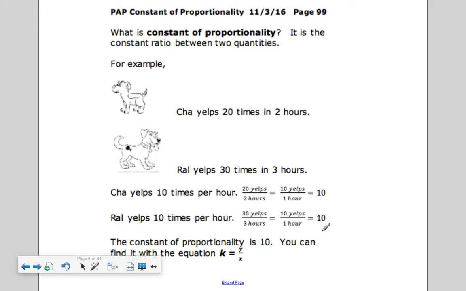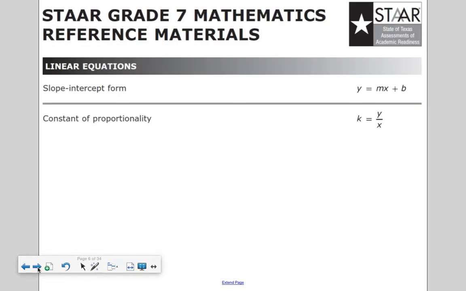That means I can multiply the number 10 by the number of hours and find how many yelps. So if I say this dog yelped for 8 hours, how many yelps did he do? 10 times 8 is 80 yelps. So that is what constant of proportionality is. It's a constant ratio that you can multiply by another quantity.